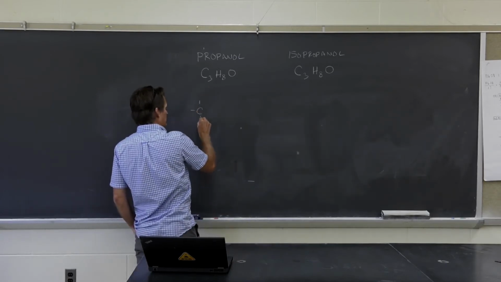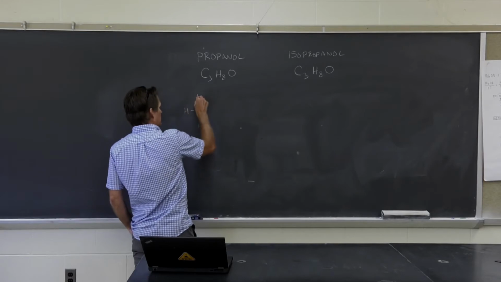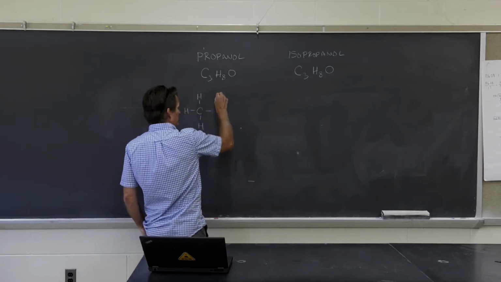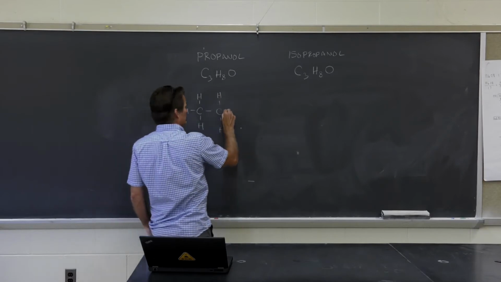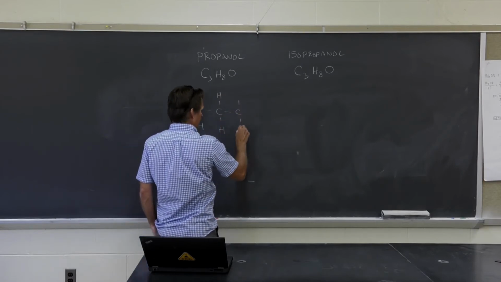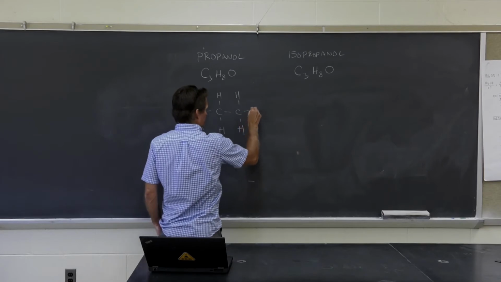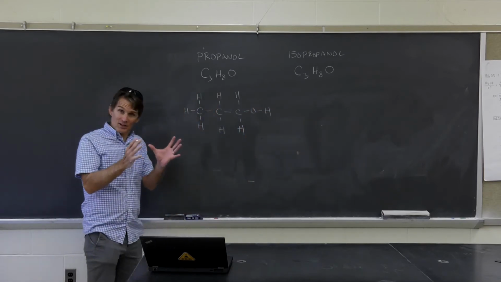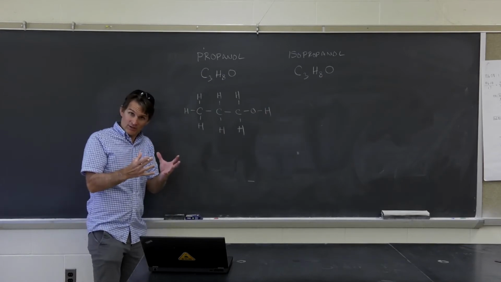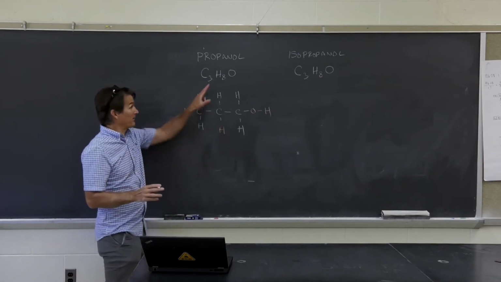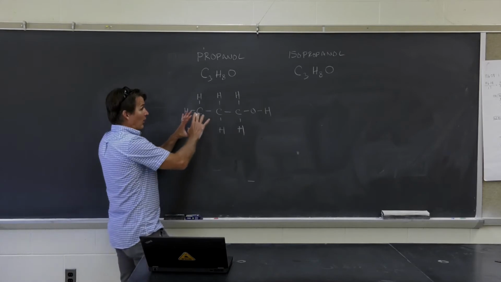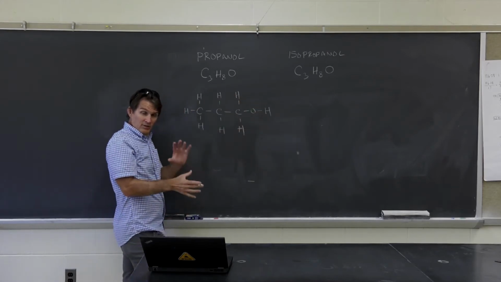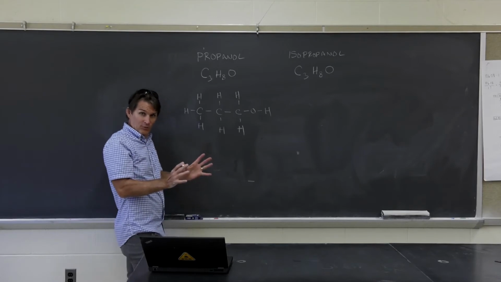There's going to be a carbon attached to 3 hydrogens, and then attached to another carbon that's connected to 2 hydrogens, and then a 3rd carbon that's connected to 2 hydrogens, and then an oxygen, and then a hydrogen, like that. So this gives me an indication, this isn't perfect, but it does better than this, of how the propanol molecule is arranged, sort of the connections between the atoms and how those are arranged.